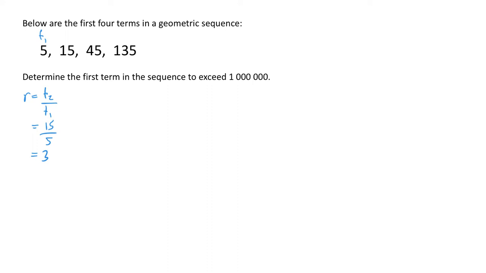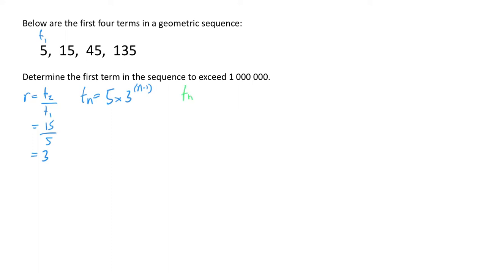Applying that with my first term of 5, the rule is Tn equals 5 times 3 to the power of n minus 1. Now that I've got that rule, what it is really asking me to do is substitute 1 million into that term value.